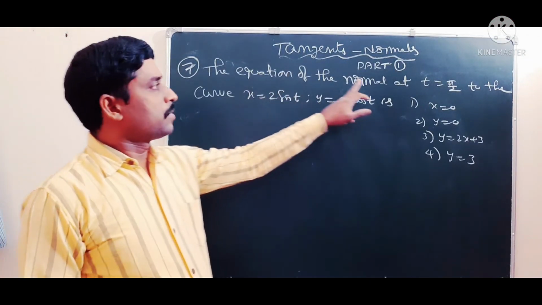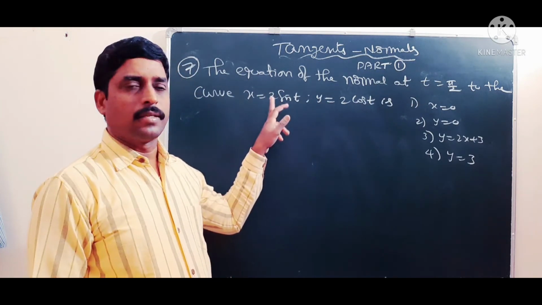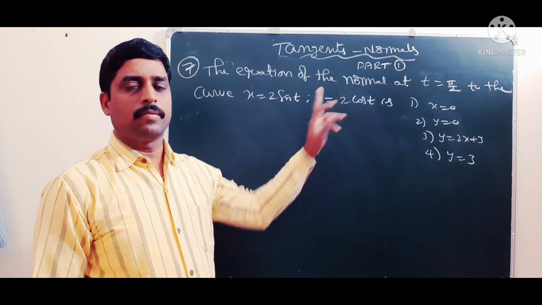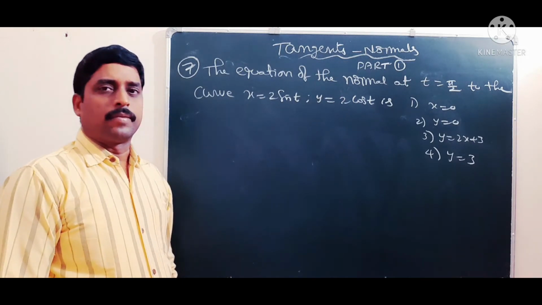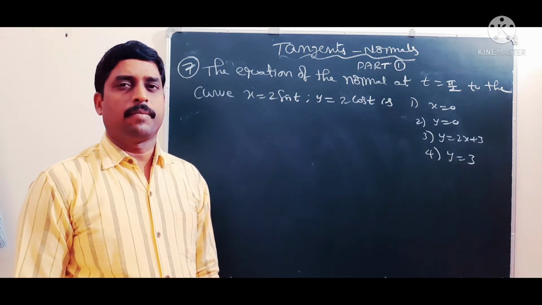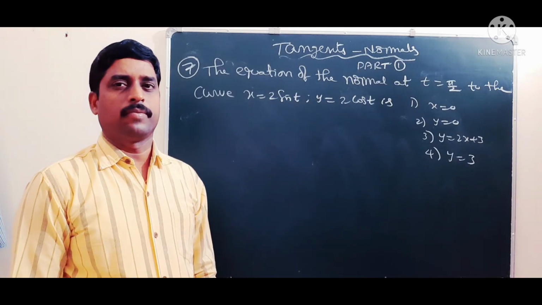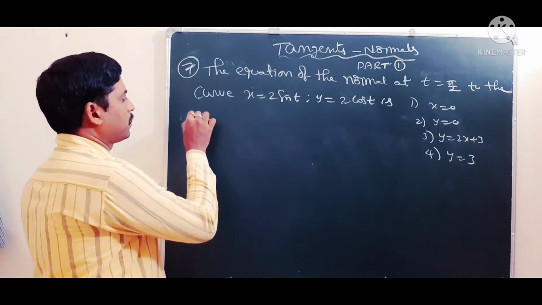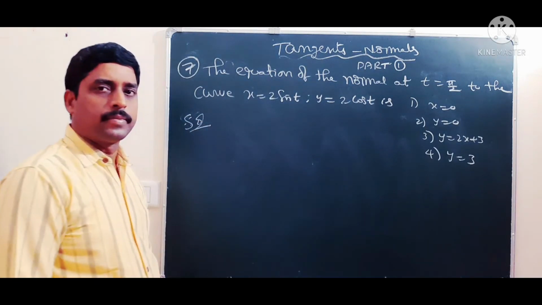The equation of normal at t equals pi by 2 to the given curve x equals 2 sin t and y equals 2 cos t. Okay, for the equation of normal, we have y minus y1 equals minus 1 by m into (x minus x1). That is the equation of normal formula. First we have to find the slope of tangent.